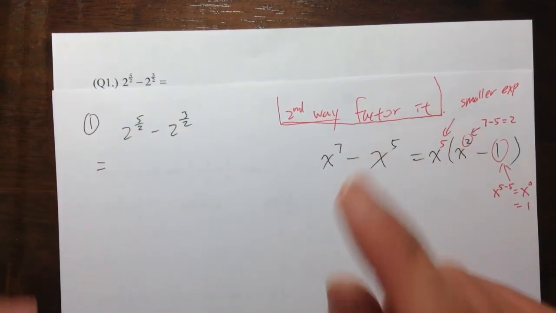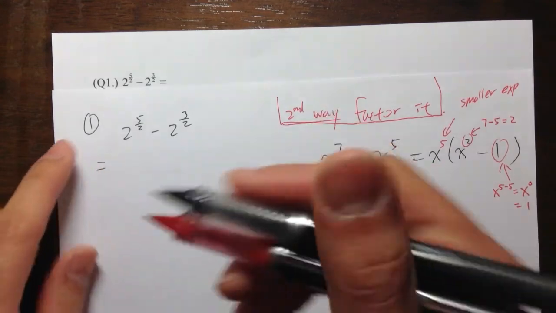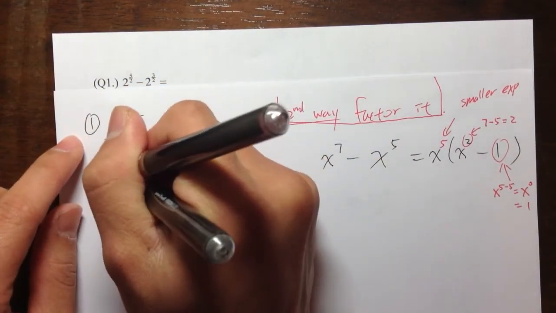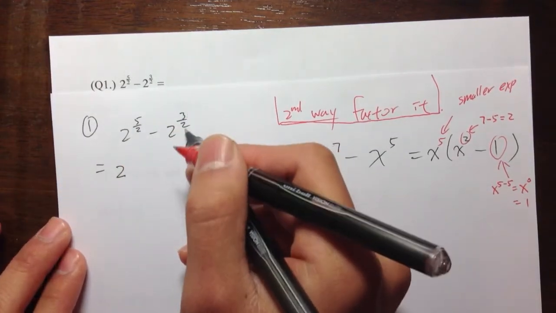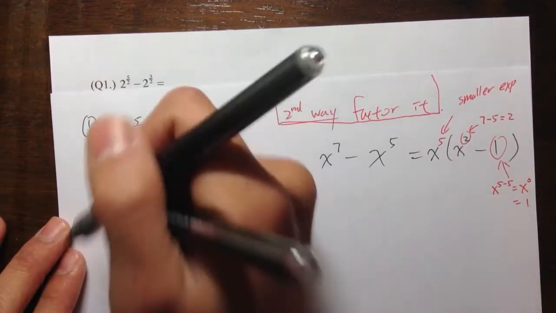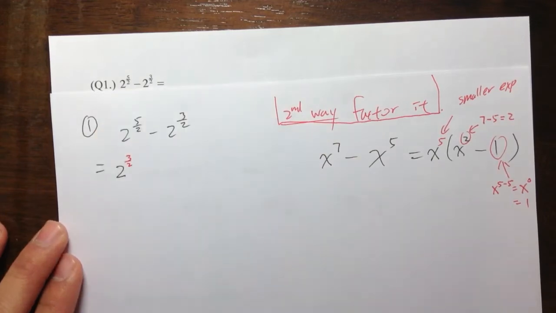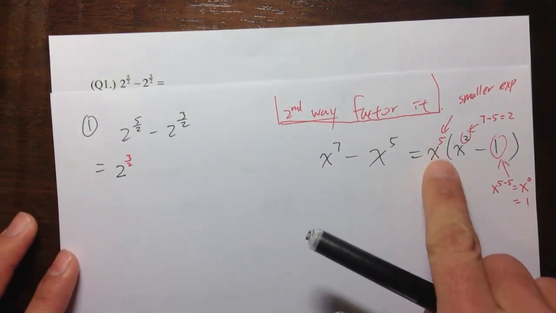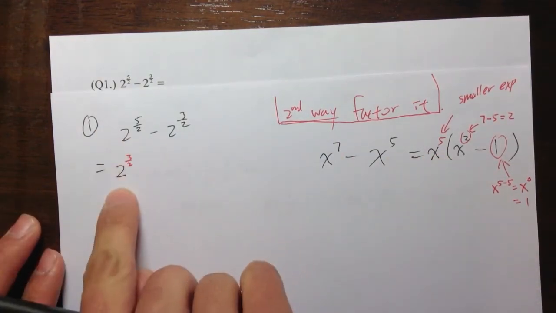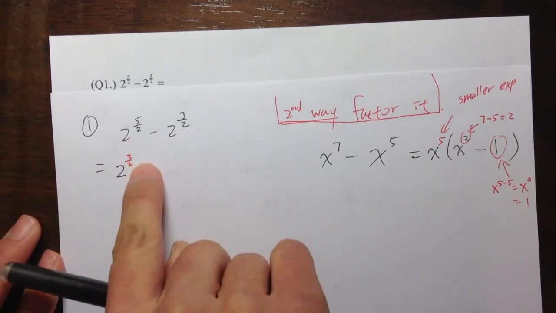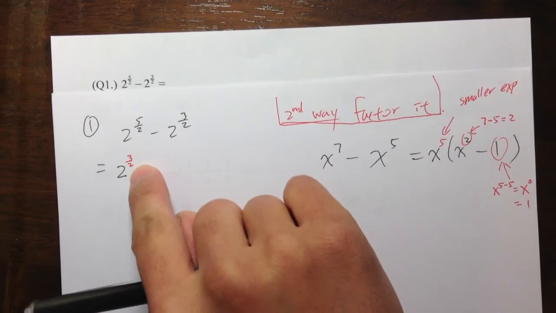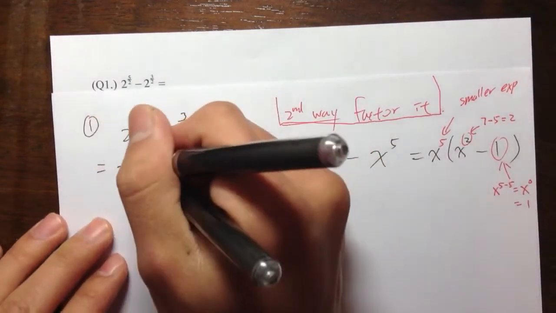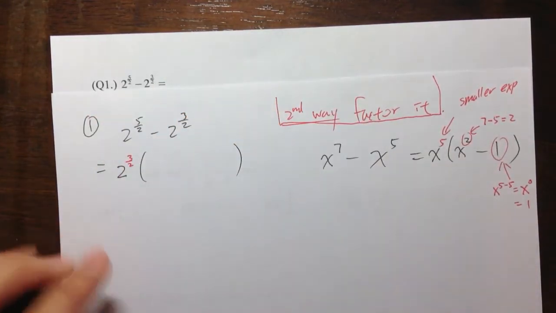So the first step is we can take out the 2, and which exponent is smaller? 3/2 is smaller, right? So I can take out the 3/2. And that's exactly what happened earlier. I can write down the 2 and then bring down the smaller exponent, factor out the smaller exponent. Alright, parentheses.